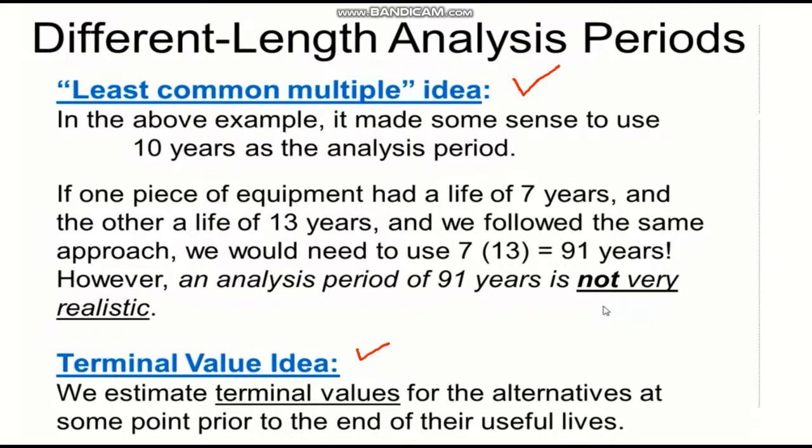This terminal value idea is like, let's say one of them is 5 years and the other one is 10 years, right? Let's say 7 years is the terminal value of the project, so we need to take care of this terminal value in order to analyze these two concepts. Okay, let's go through the examples in order to better understand this concept.